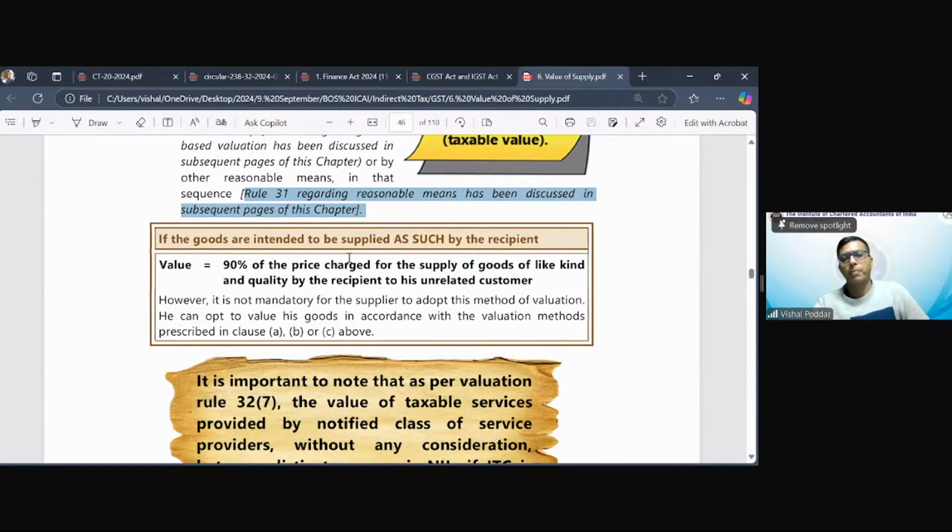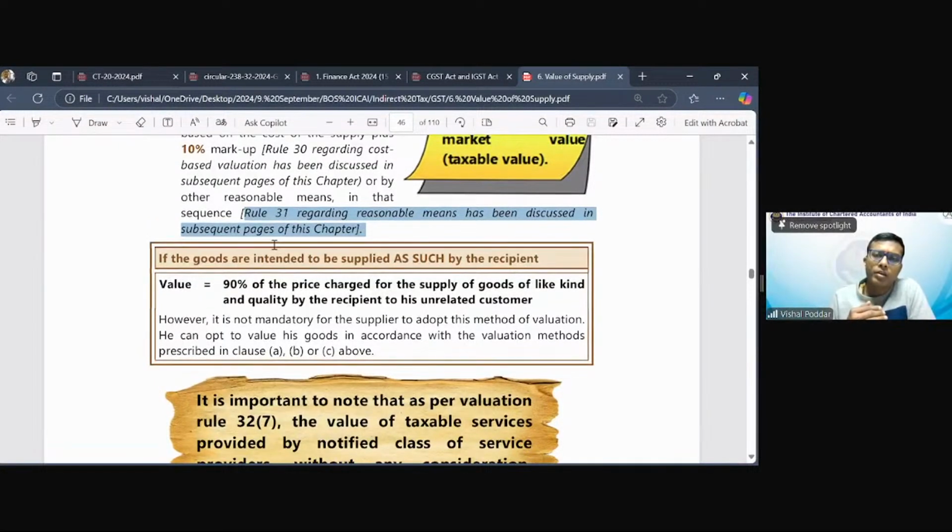Now, what is this? This method says that where I am giving my supplies to my related persons or my distinct person, and that related person or distinct person is going to do trading, that is he is going to supply the goods as such. Now, what is supplying as such? He is doing trading. So what I sold to him, he is selling further.